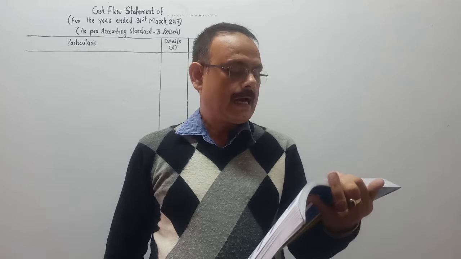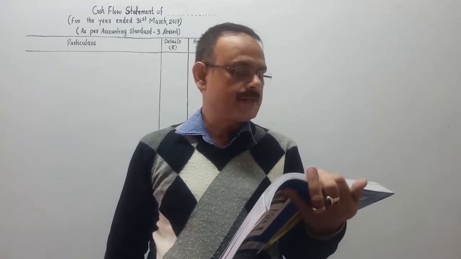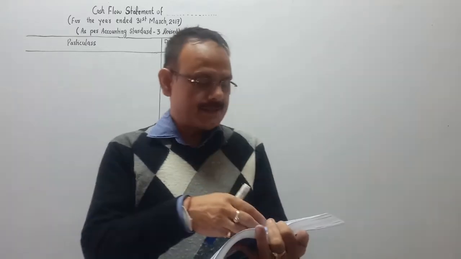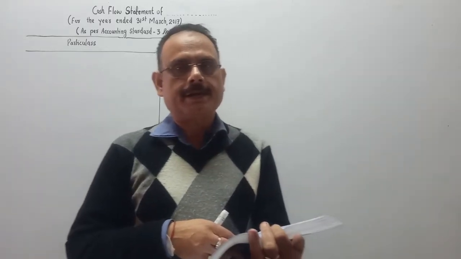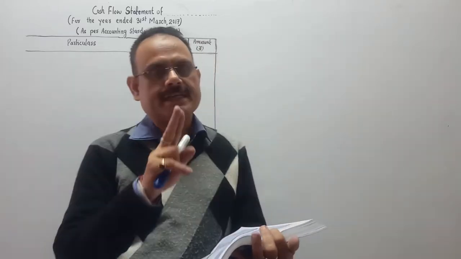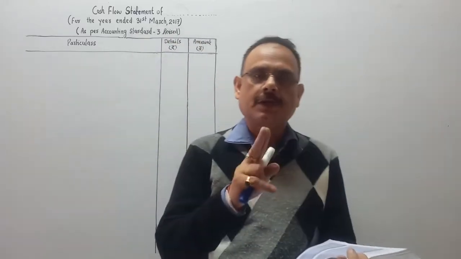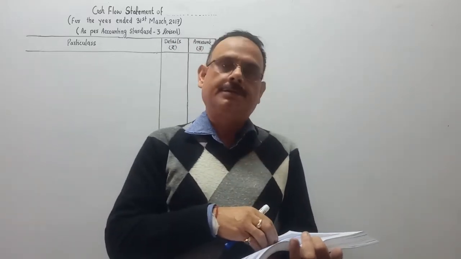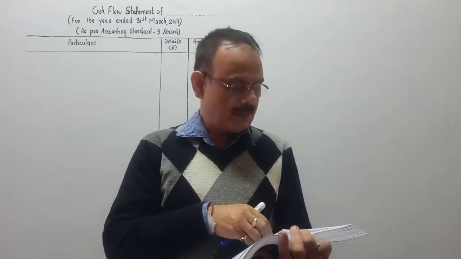From the following balance sheet of Ajanta Limited as at 31st March 2017, prepare cash flow statement. So the balance sheet is given of Ajanta Limited for the two consecutive years, 31st March 2016 and 31st March 2017, in the prescribed pro forma.